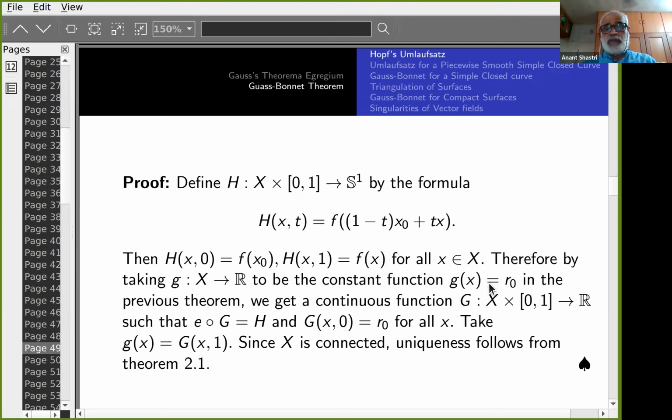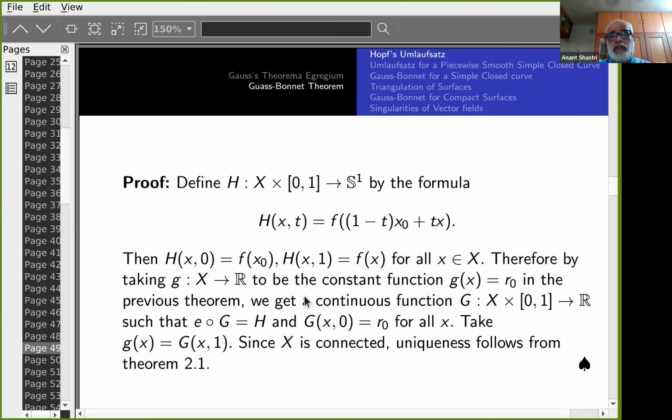So this is all the topology here. But once you have a homotopy, one map can be lifted by some function g, then the whole homotopy can be lifted. So that was the theorem that we proved last time. Therefore, by taking g of x equal to r0, a constant function, that is the lift of H of (x,0).